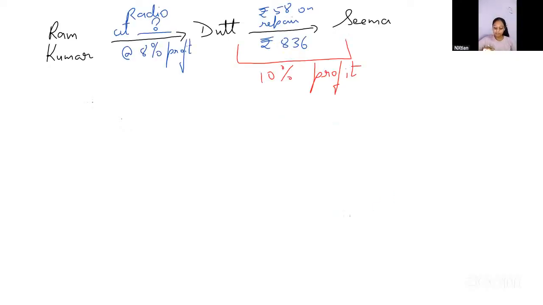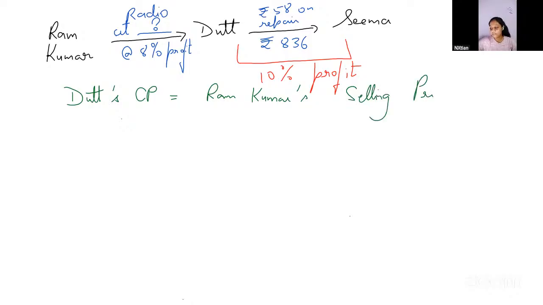Then write it down here: cost price equals Ramkumar's selling price. So I will calculate the cost price of that.